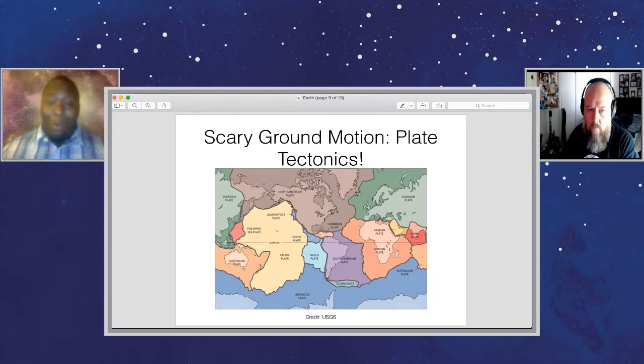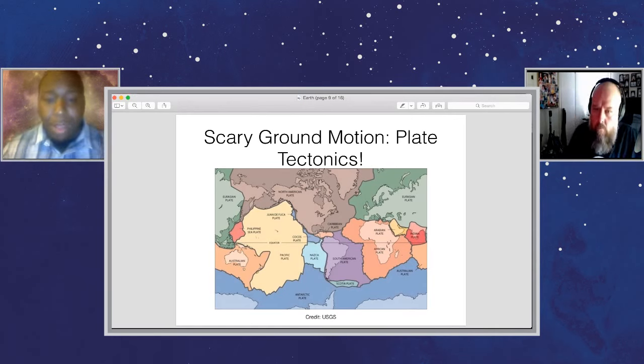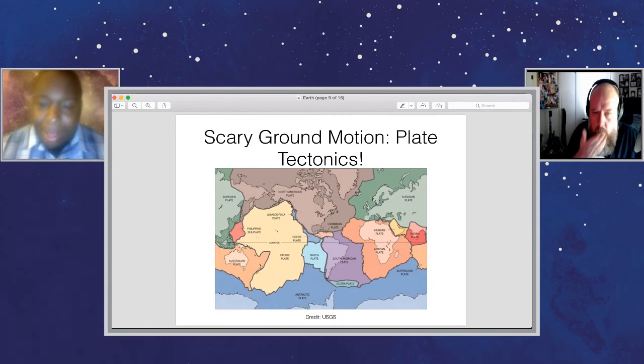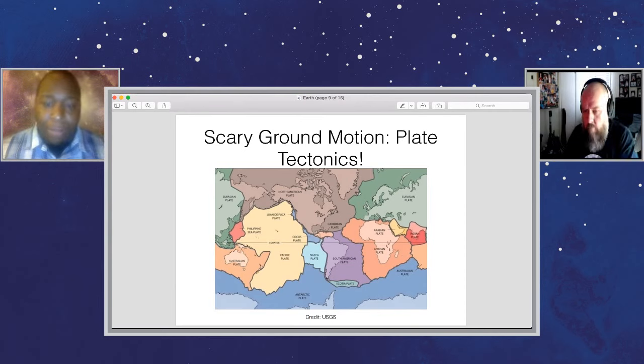The reason why these quakes, or in this case earthquakes, occur is due to plate tectonics. What I'm showing here is a map of our Earth, but it doesn't look like the typical map that we see. What we're looking at here is actually these plates. Each of the divided regions corresponds to a single big plate. And every now and then, these plates move. But why do these plates move?